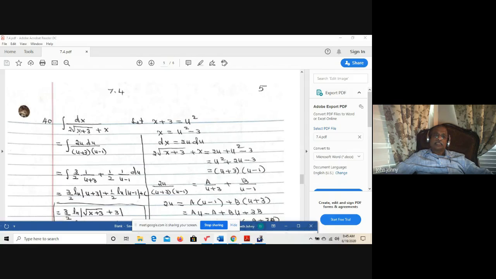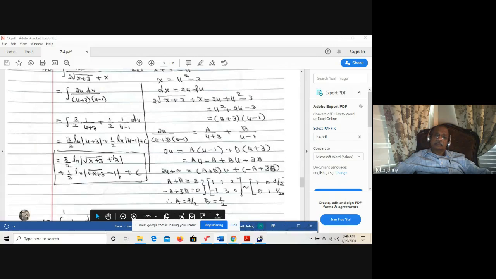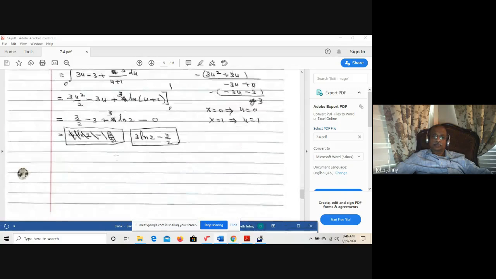So the best way is to substitute x plus 3 is equal to u square, and on simplification you get a rational expression in u, and then set up the partial fraction decomposition, find a and b, and then use the formula. Number 42.